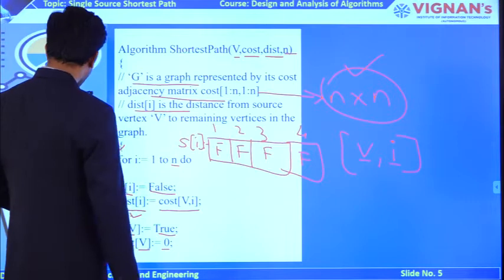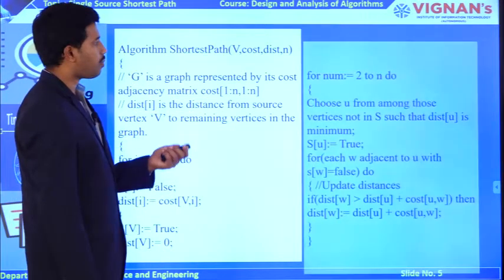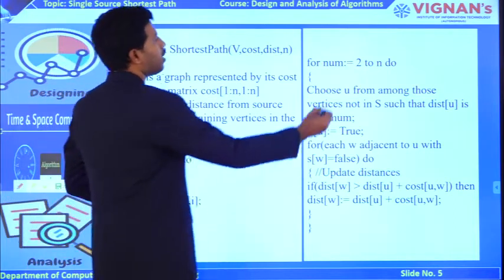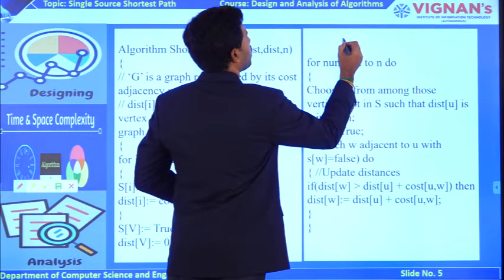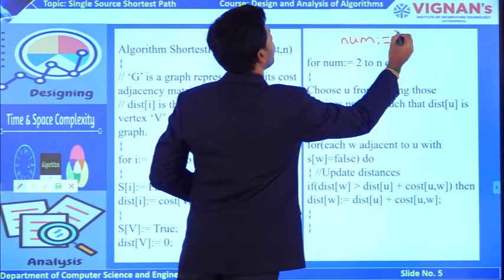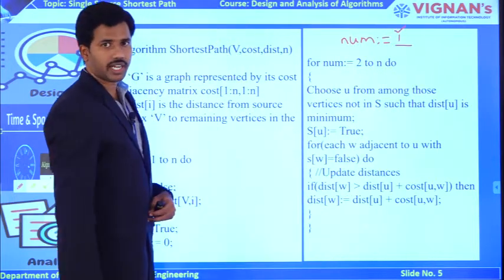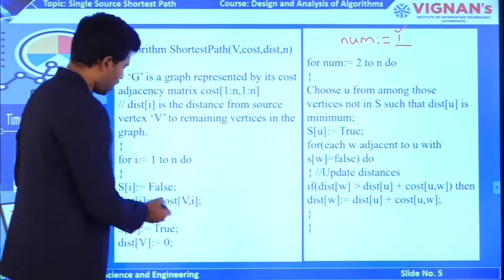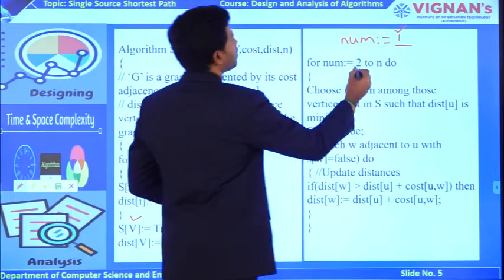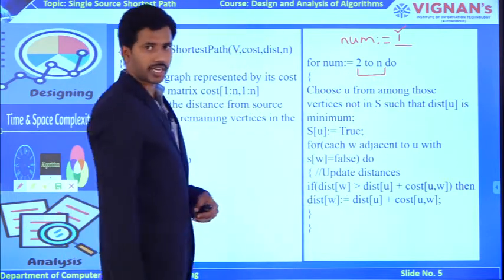Now let us observe the second for loop. If you observe here, why does this second for loop start from 2 to n? Because num equal to 1 points to the first vertex, and that first vertex I have assigned as the source vertex, pointed to by v. Now my target is to find the shortest path from the second vertex to the last vertex.